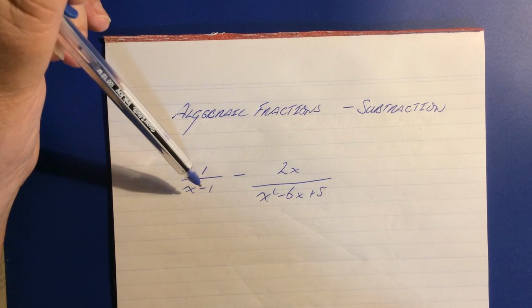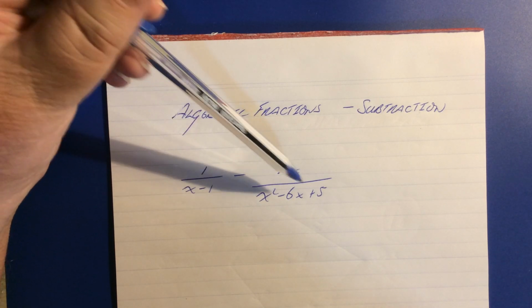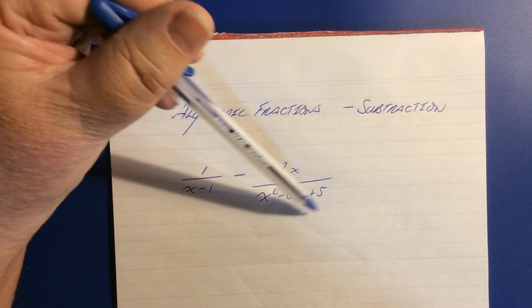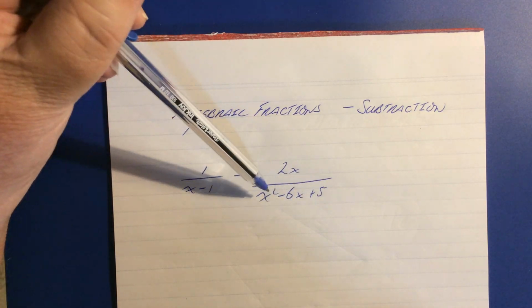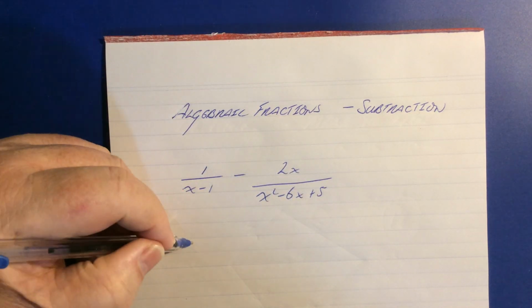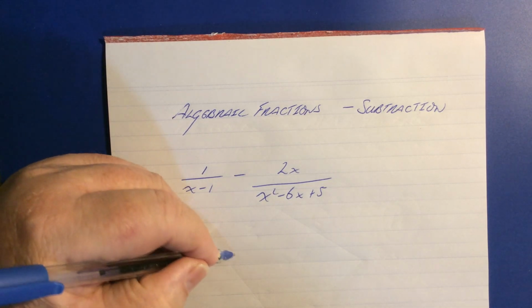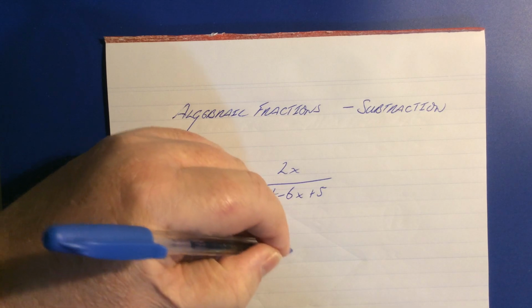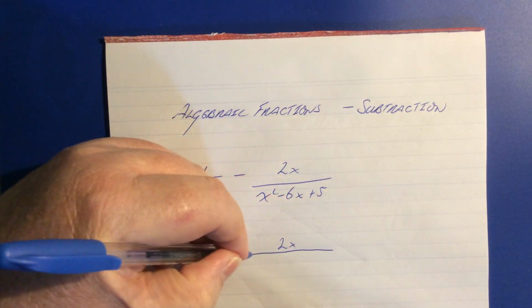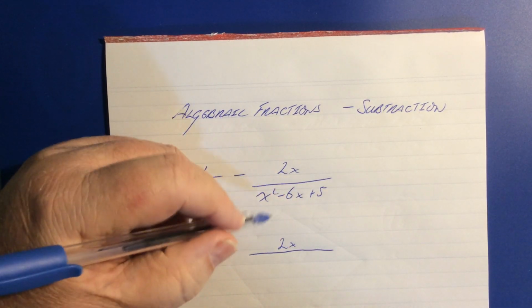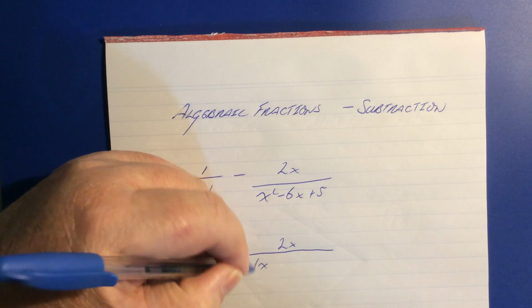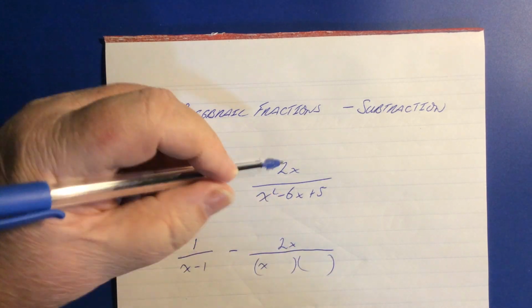Now, how do I go about this? Well, I'm going to have a look at this quadratic and see what I can do. So we'll just leave this one off to the side, and I'm going to factorize this. Okay, so here we go.